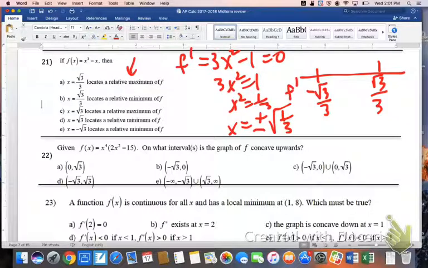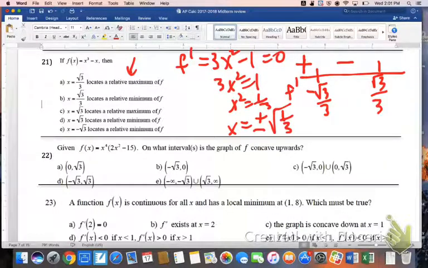Remember, we're plugging into f prime. So when we plug in something below negative root 3 over 3, which is like negative 1, then this is going to be positive. If you plug in something in between like 0, it's negative.